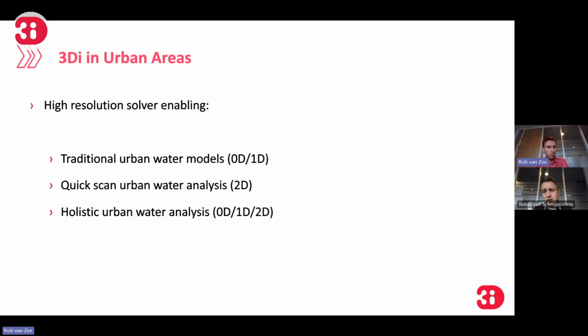However, in reality it's not always one peak event but multiple, and then the drainage of the sewer system also plays a part. Then you want to include both the sewer system and the overland flow in your simulations, and in some cases even the groundwater can play a part.